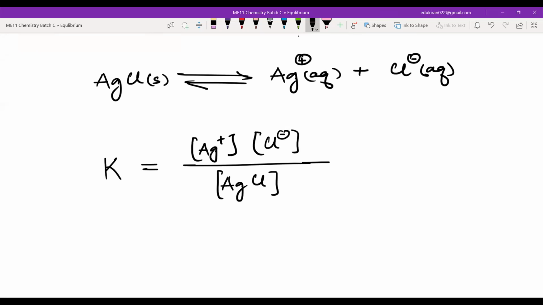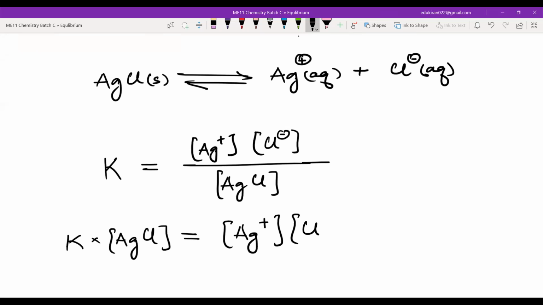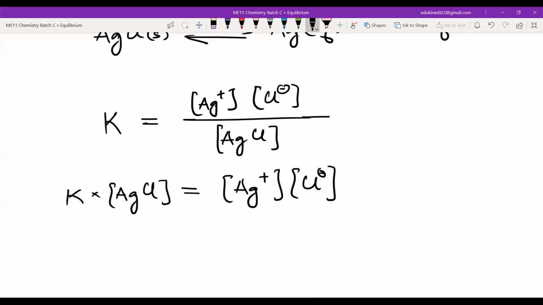Yes. Right, and we know that this is a solid, that means it will be a constant. Hence we can write K into the concentration of AgCl, because AgCl is also a constant. We'll keep them together, and this will be equal to the concentration of Ag positive and the concentration of Cl negative, and if I multiply both of these things, this will be equal to a new constant. Let us call that Ksp. Sp means solubility product. How much of the salt is getting dissolved?